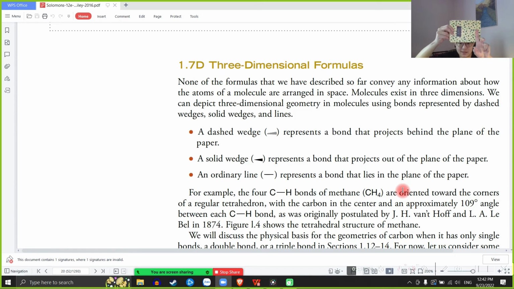However, if the bond projects out of the plane of the paper, you have to write a solid wedge. And if it projects away from the paper, you have to write a dash wedge like that.